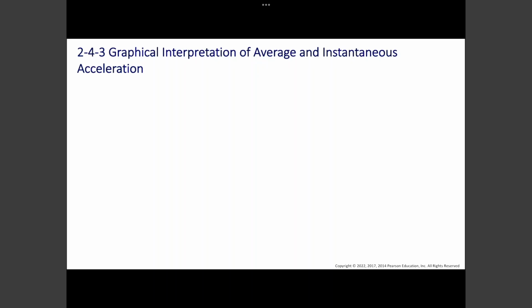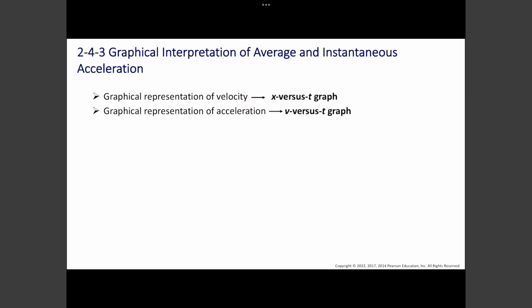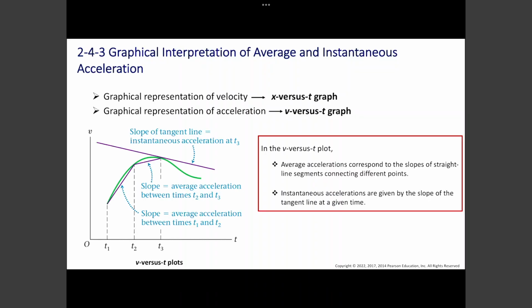Now let's see the graphical representation of average and instantaneous acceleration. The graphical representation of velocity is the x versus t graph, or position versus time graph, whereas the graphical representation of acceleration is the velocity versus time graph, or v versus t graph. In the v versus t plot, average acceleration corresponds to the slope of the straight line segment connecting two points. This is very similar to instantaneous velocity and average velocity.